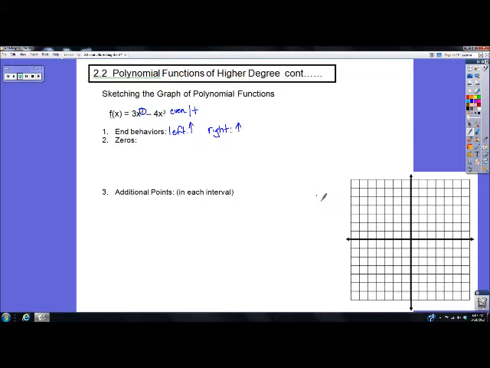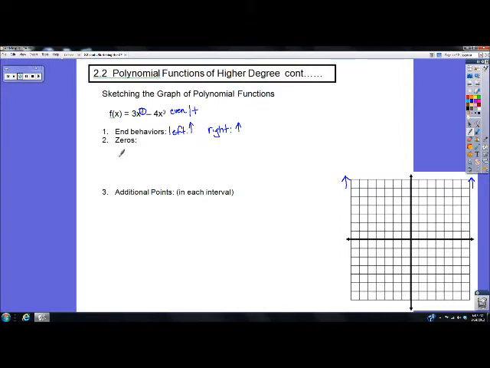So when we get ready to graph over here, I know that this left side is going to be going up and the right side will be going up as well. So that just kind of gives me an idea of what the ends of my graph will be looking like when we get there.